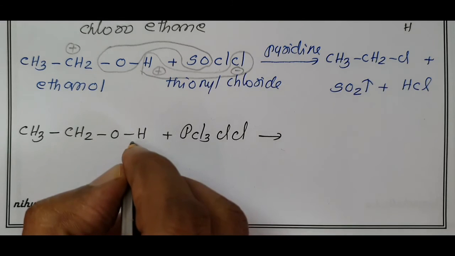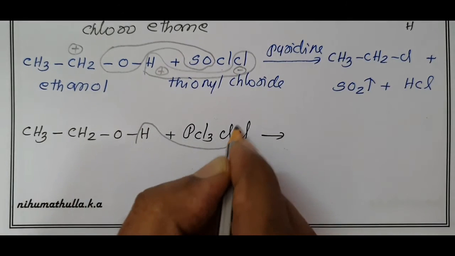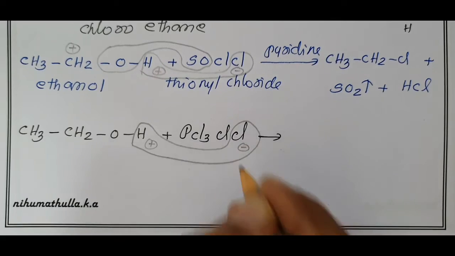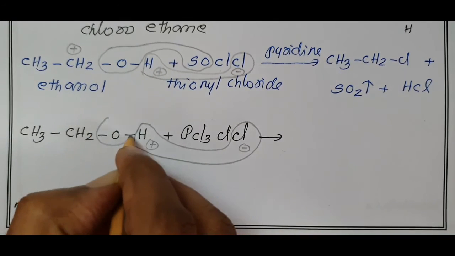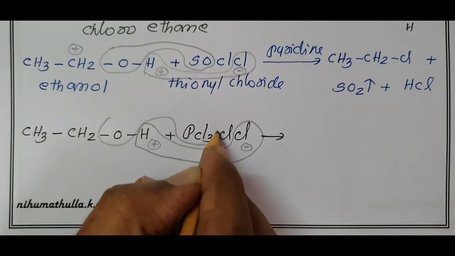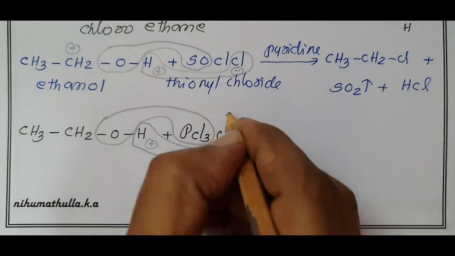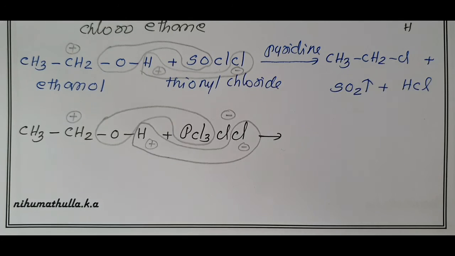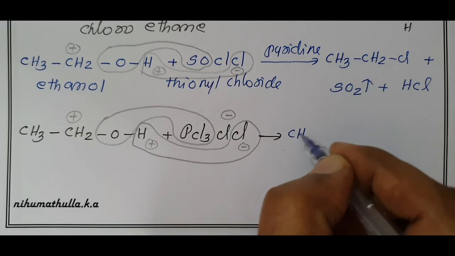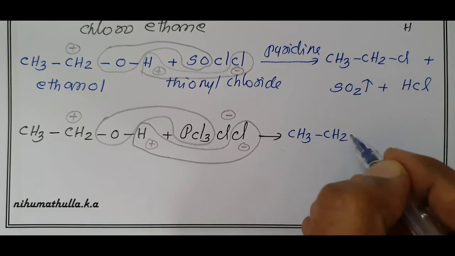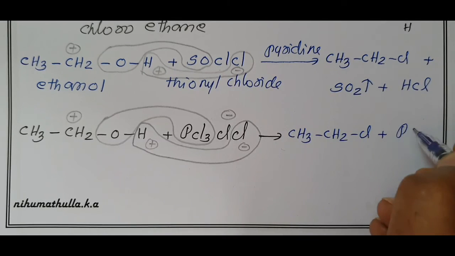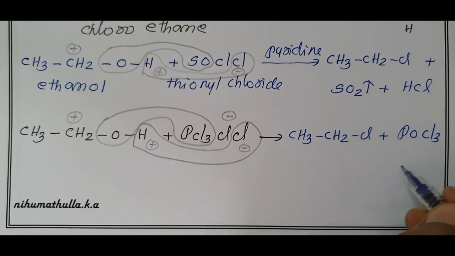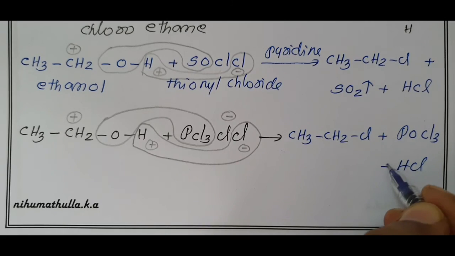H plus and Cl minus are removed as HCl. This oxygen combines with the PCl3 and forms POCl3. This Cl minus is now added to carbon plus, ethyl plus, giving the product CH3CH2Cl plus POCl3, phosphorus oxychloride or phosphoryl chloride, along with the loss of HCl.